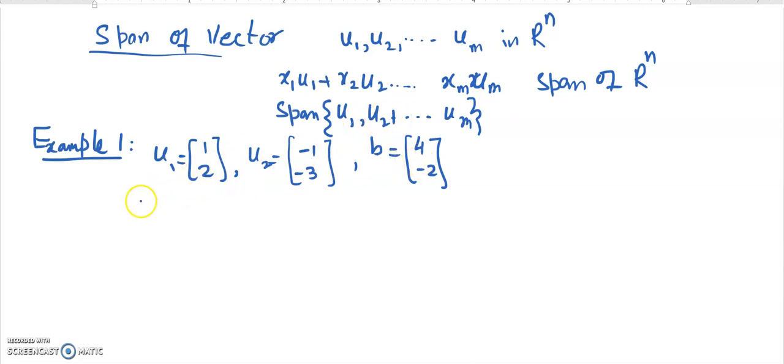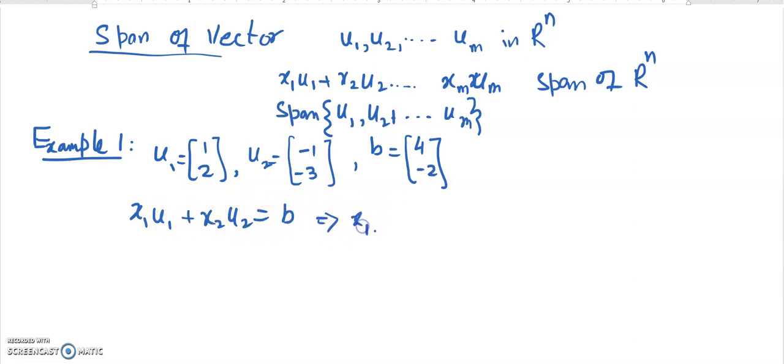By the definition, it becomes the case of finding the solution of a system of linear equations. Suppose the scalars with which we multiply u1 and u2 are x1 and x2. So x1 u1 plus x2 u2 should be equal to b.